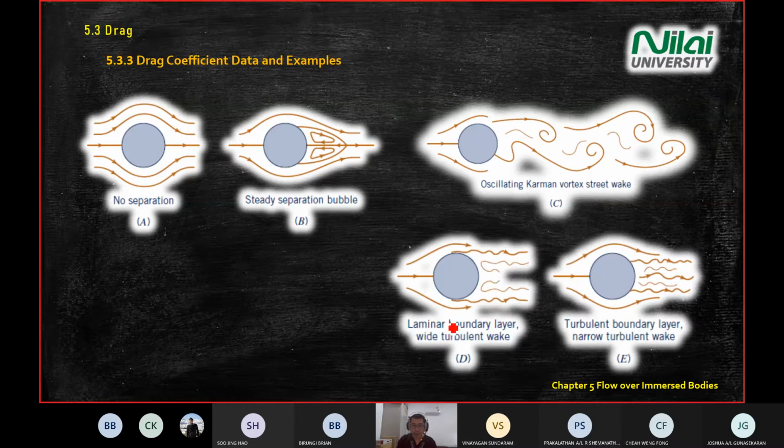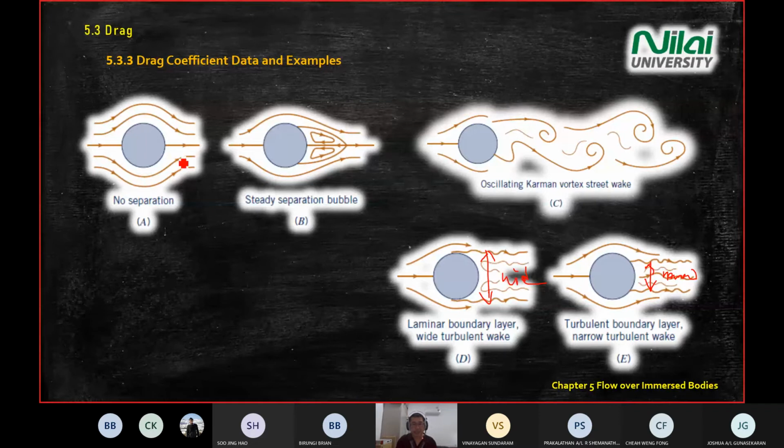Then there's a difference between the laminar boundary layer, where we have a wide wake, and also a narrow turbulent wake. So you have wide, meaning the distance is very big, and you have a very narrow wake. So the wake depends on the shape, it depends on the velocity, like the drag coefficient just now, there are like 6 factors that can affect the creation of the wake.